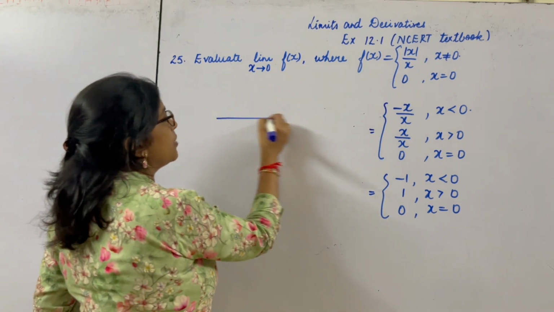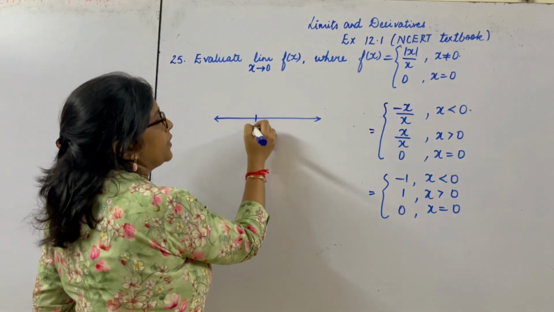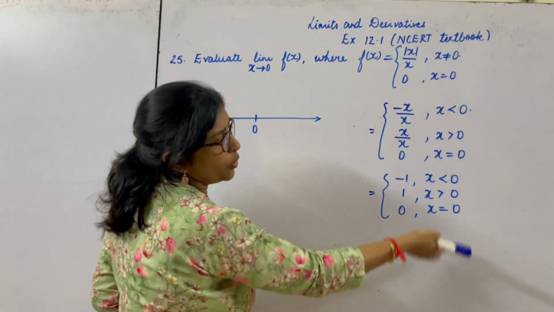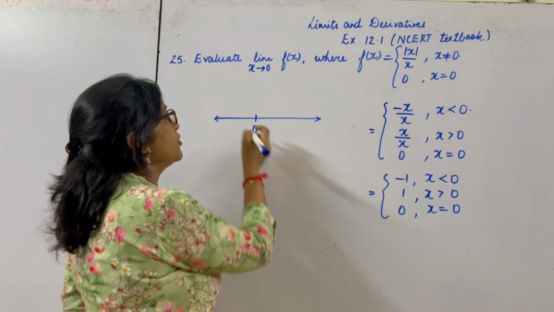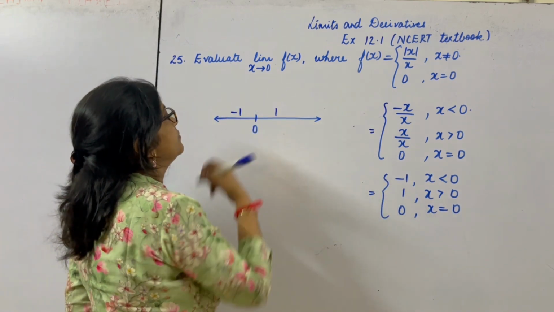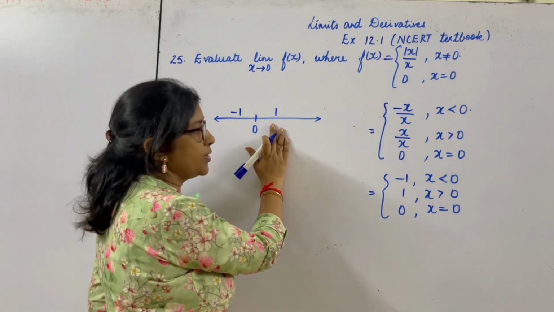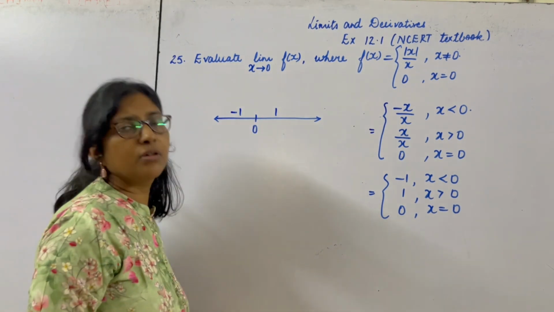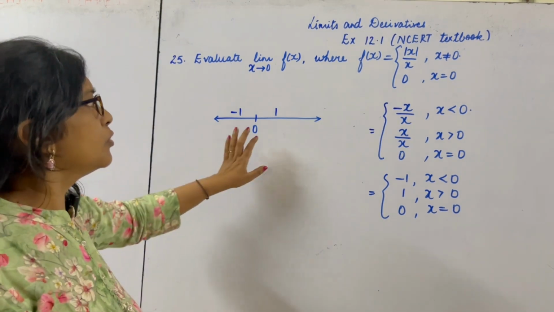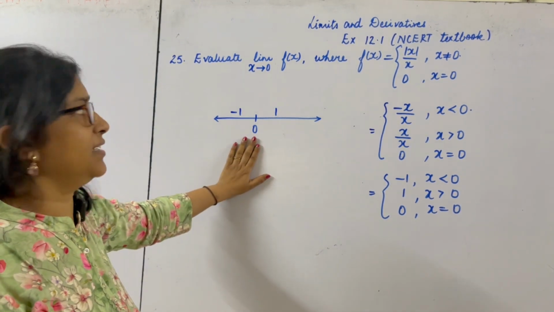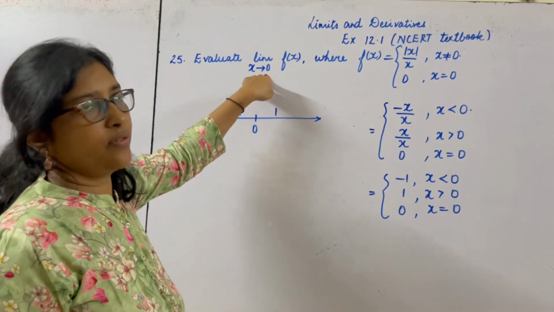So if we put this on a number line, because 0 being the critical point, that is where the function is defined in a different way, we have for less than 0 minus 1 and for greater than 0 it is 1, and at 0 it is 0, but for limiting value we do not need to know what the function value is at the limiting value.